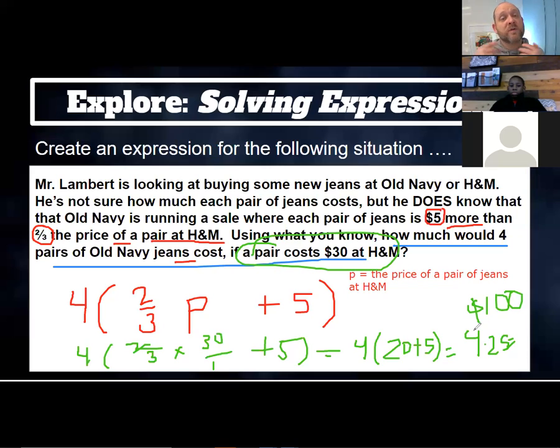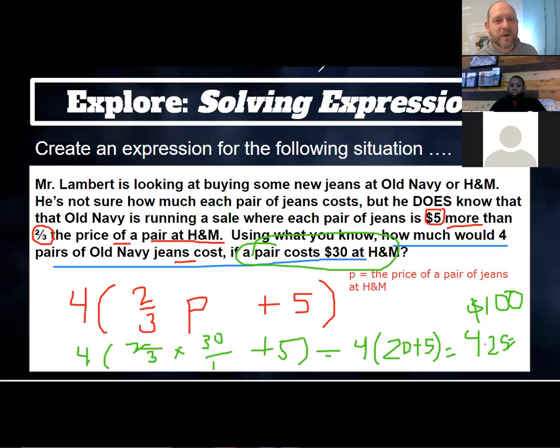So if you just would have given me this and just thrown a random P in there, I wouldn't give you full credit, because as we're moving on in the math, you need to define what that means for me. In this case, we decided it was the price of a pair of jeans at H&M. Even if you know what it means, that's good, but you got to let me know so I know that you know what we're talking about.